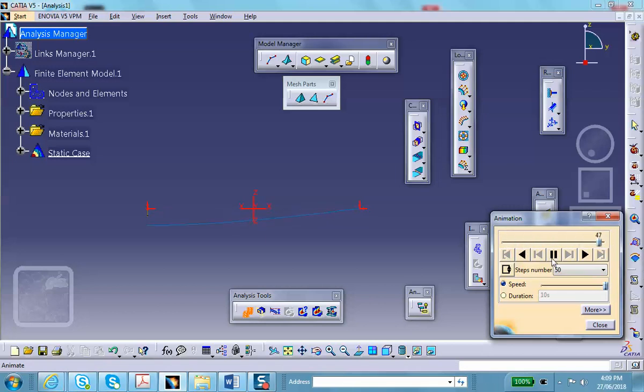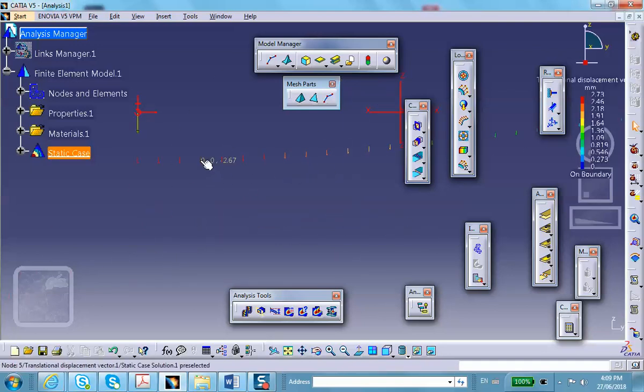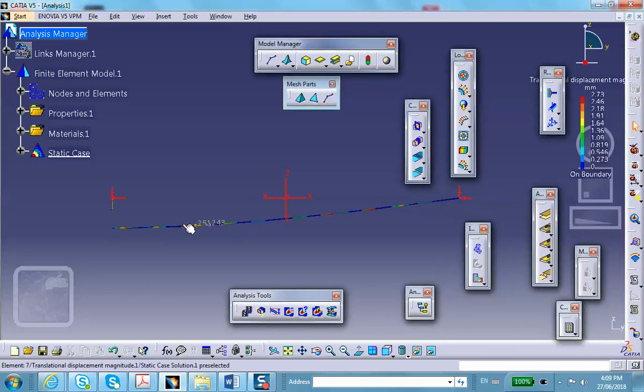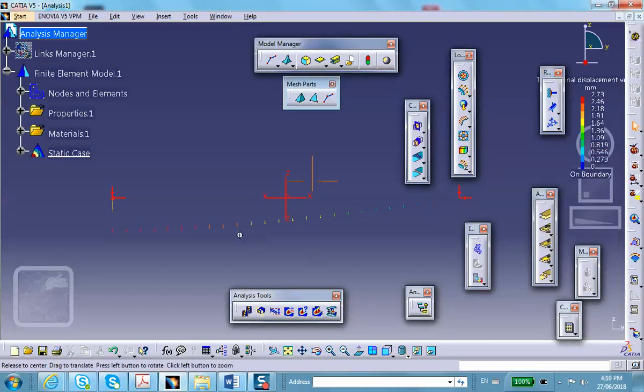If you want to see the deflections, you just click on the displacement. It shows it to you in the form of vertical downward arrows with different components. Now these are millimeters, by the way. And remember, I have a problem with my graphics card, so if I plotted it the way the contours look, this is wrong. Okay, so let's put it back to symbols.